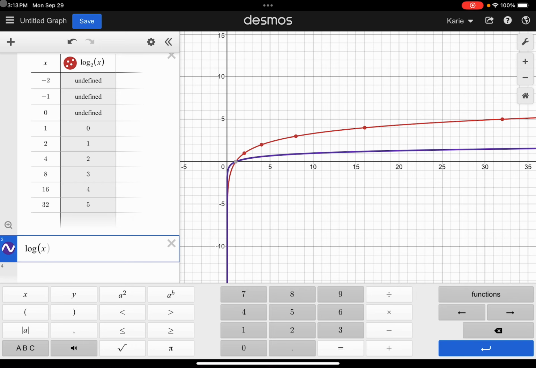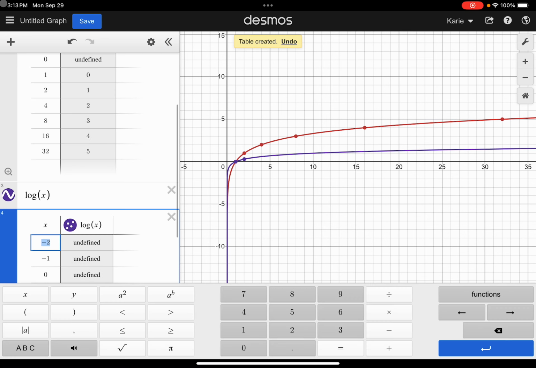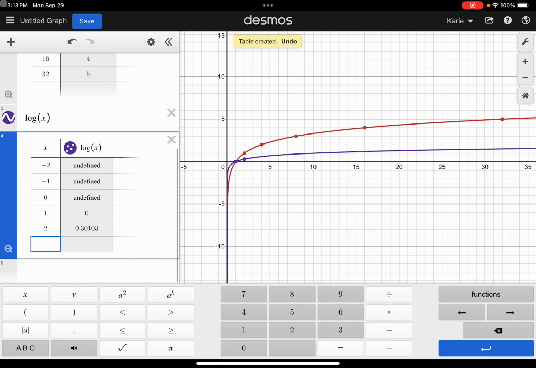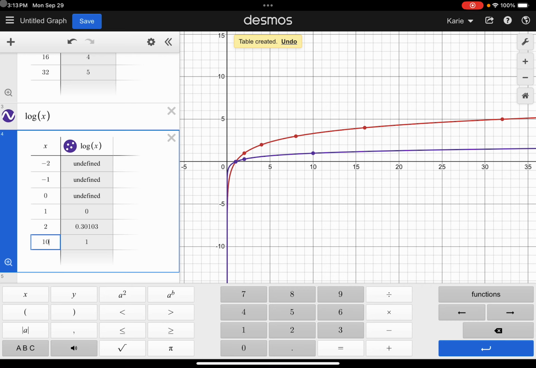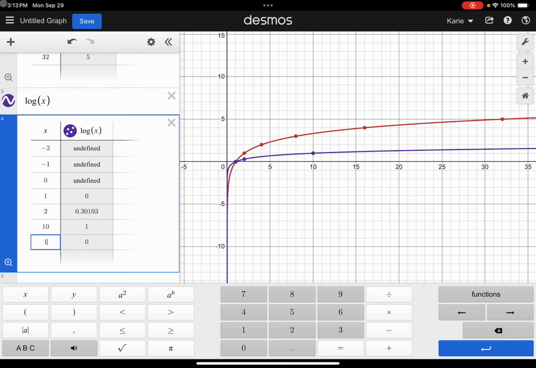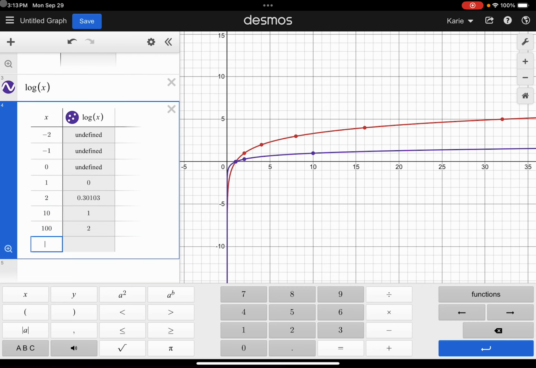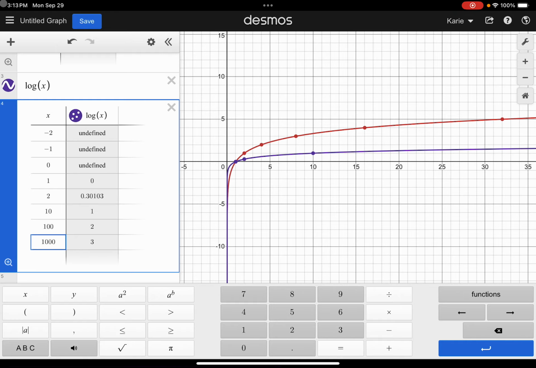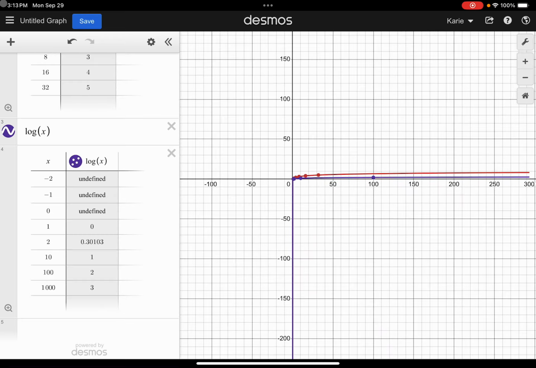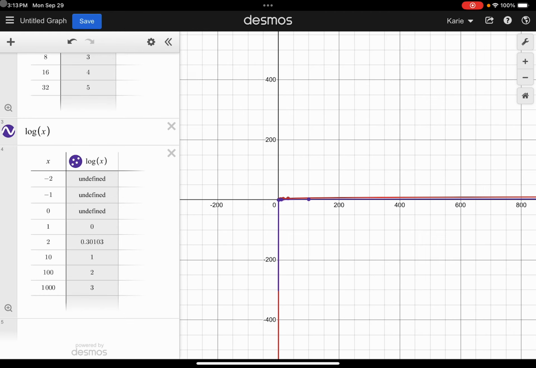With that one, this now has an understood base of 10. If I find this one's table, I need powers of 10. So I have to plug in 10 to get to 1. I have to plug in 10 squared, which is 100, to get to 2. I don't get to 3 until 1,000.